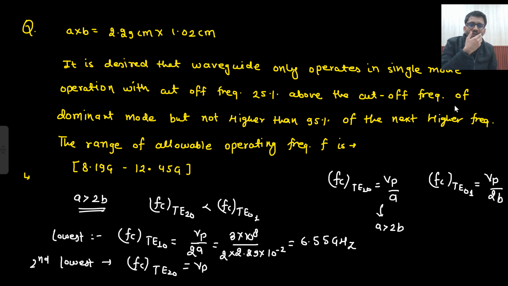And what they are saying is, above the cutoff, but not higher than 95% of the next cutoff frequency. So what will be the next cutoff frequency? Vp by a, simply the double of it. That would be 13.10. That means you need to take 95% of this one.